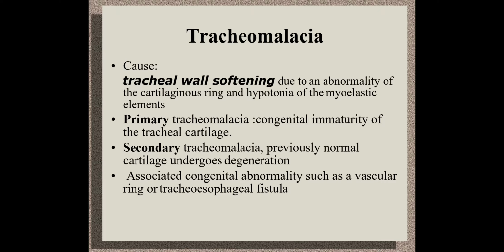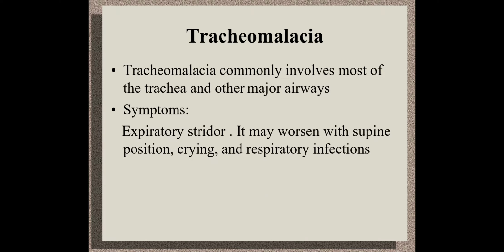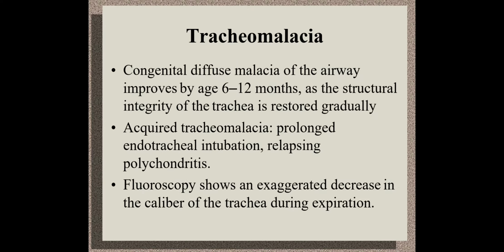Secondary tracheomalacia, which is previously normal cartilage, undergoes degeneration. Tracheomalacia commonly involves most of the trachea and other major airways. Symptoms: expiratory stridor. It may worsen with supine position, crying, and respiratory infection.